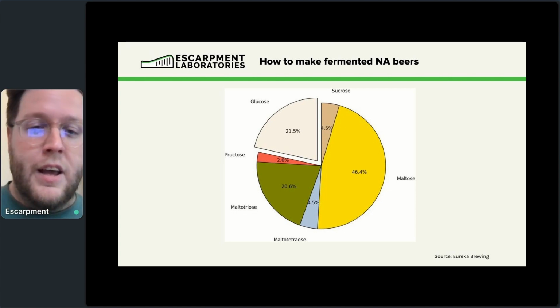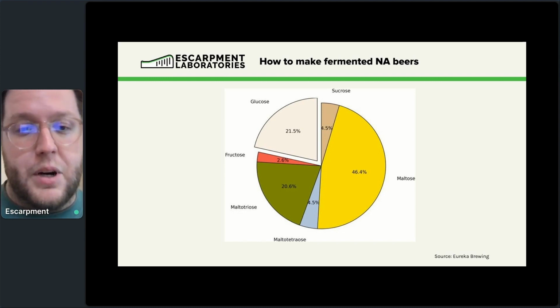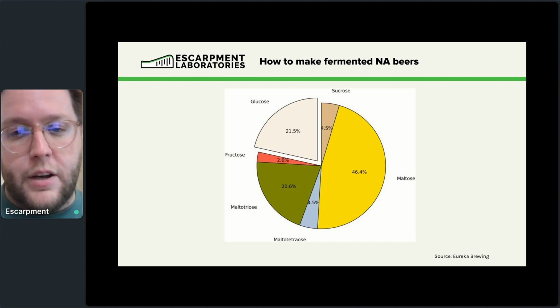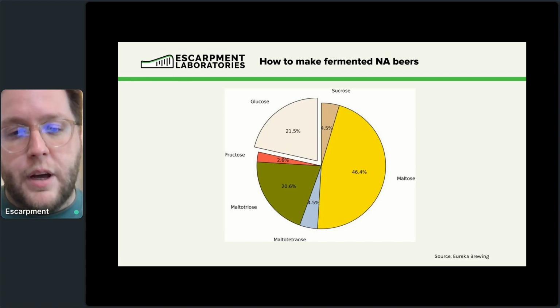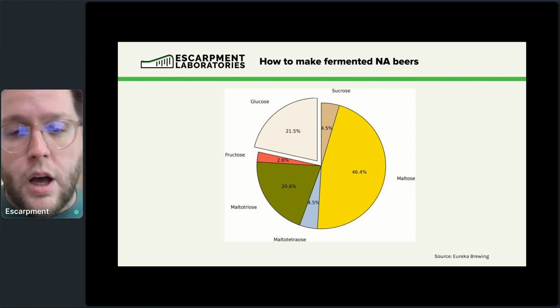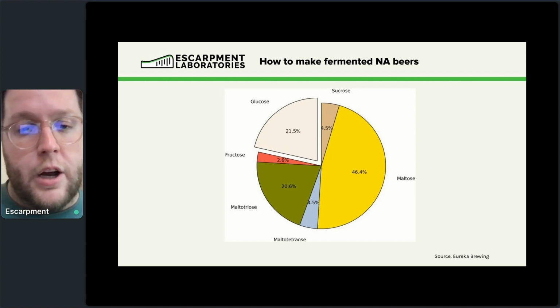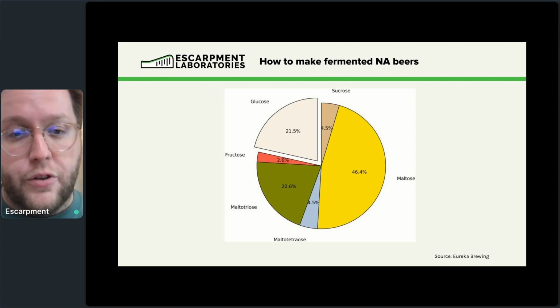For the most part, in beer fermentations, we have complex sugars. So we have maltose, a 2-chain sugar. We have maltotriose, 3-chain. We also have even larger sugars like maltotetrose, which is 4-chain, or even larger sugars, which at that point we start calling dextrins and then starches as well.